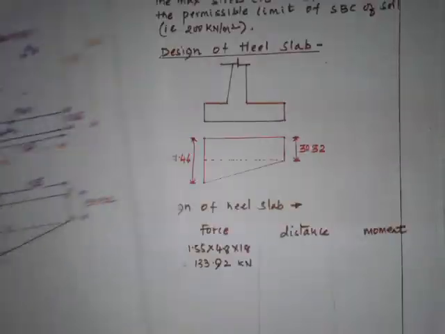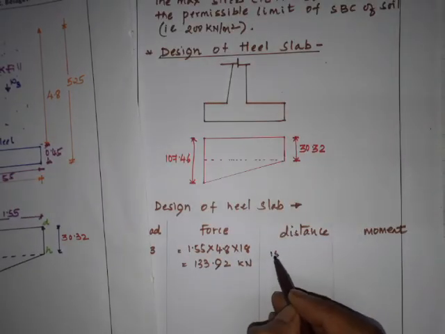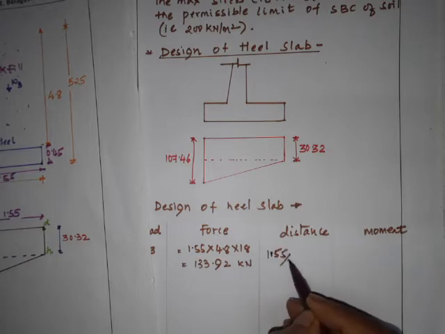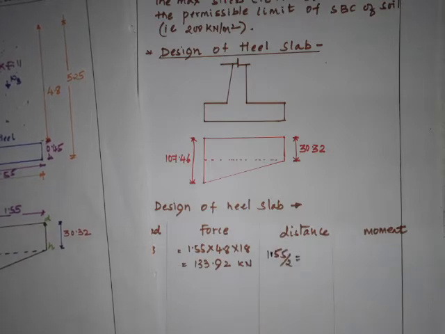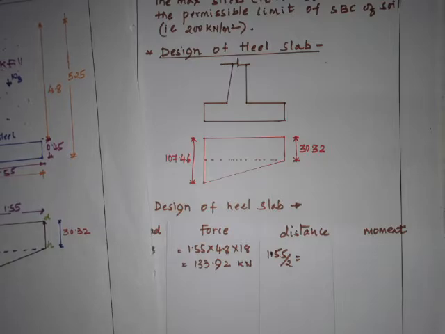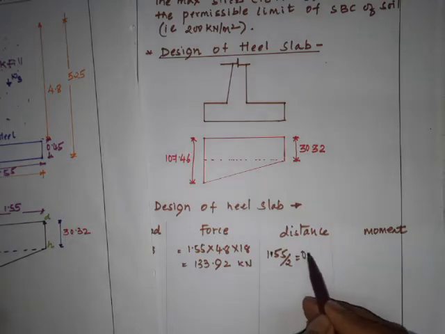Okay, so it is 1.55 divided by 2, correct? Then the moment, again multiplying this into this, we got 0.775.